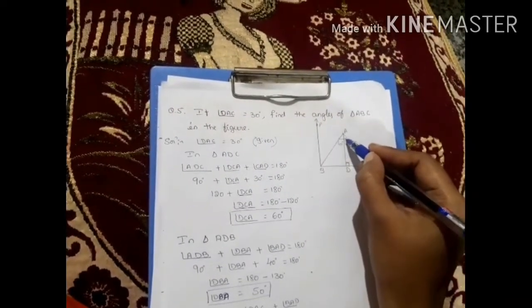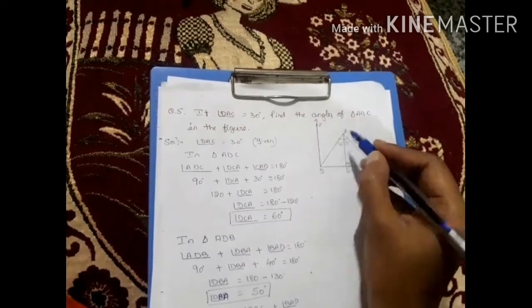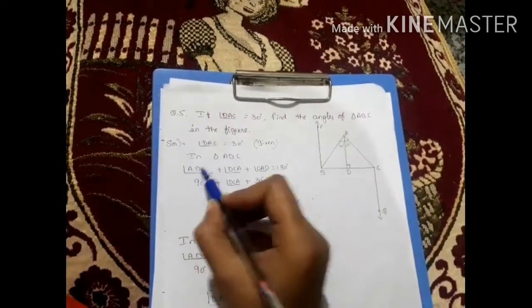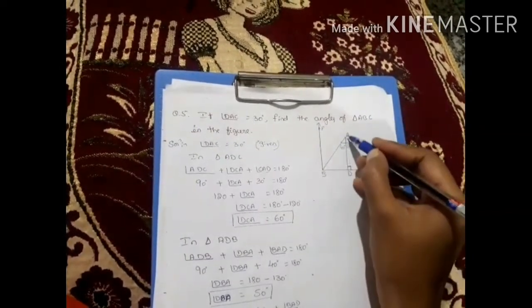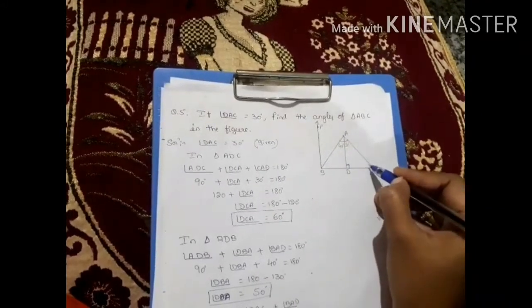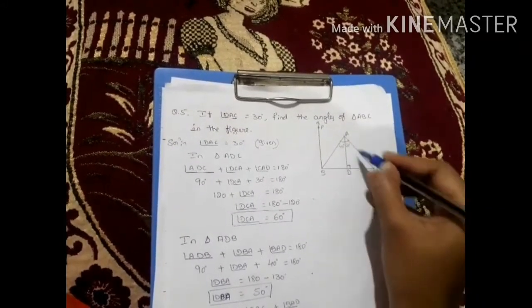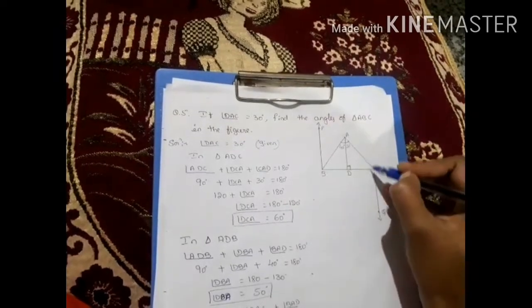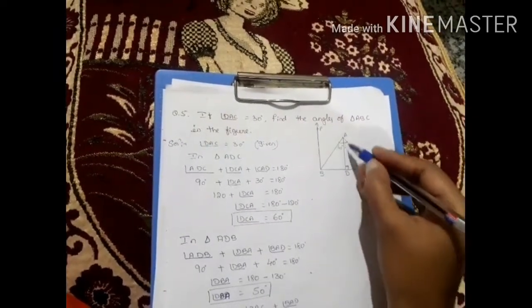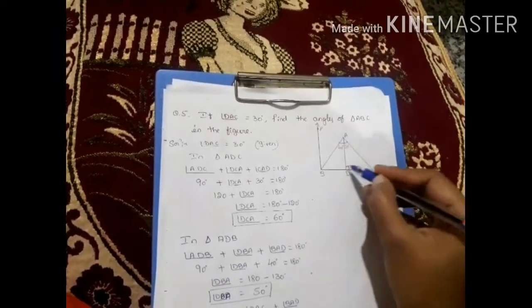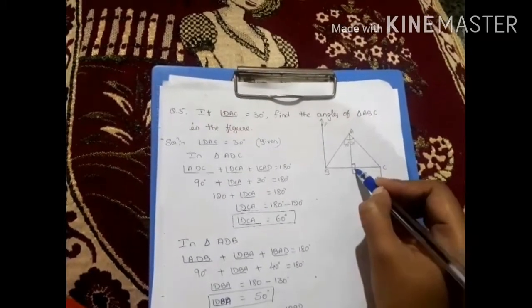Now how are we going to represent this angle? Angle ADC, this angle you have to write: angle ADC plus angle DCA plus angle CAD. You can also write from here or from here, that is for your convenience.